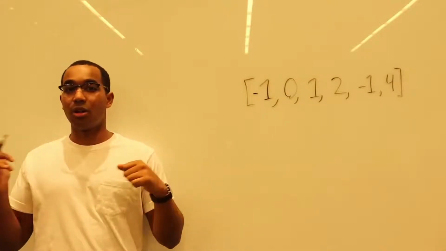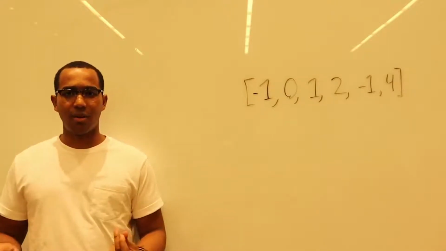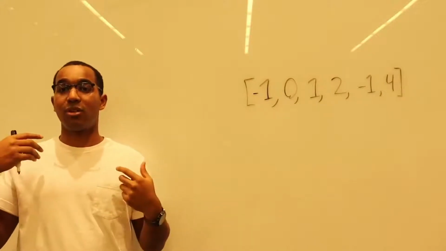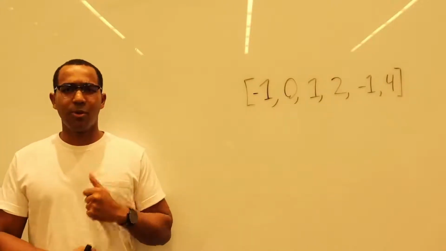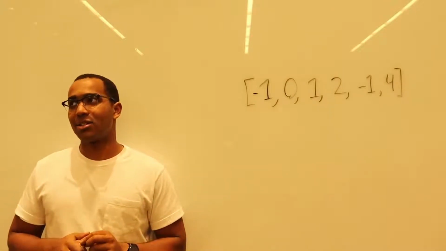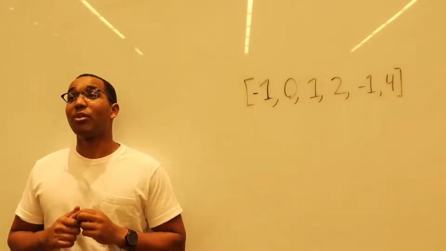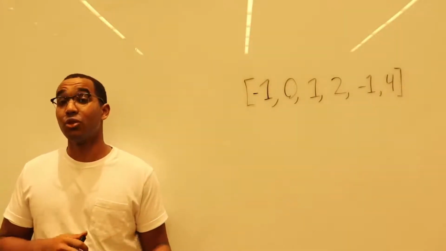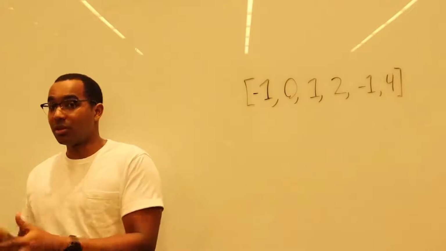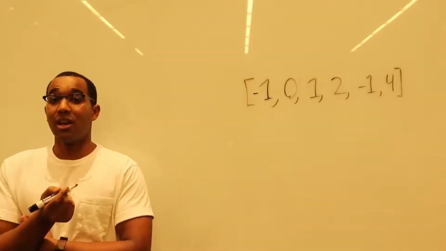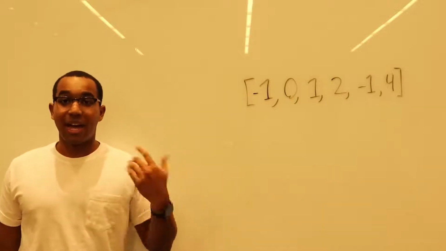If we check all of these pairings to see if they sum to 0, remember we're going for a 2SUM that solves to 0, that's going to be way too much work. Ultimately, what we really care about is whether a previous item that has been seen can bring the sum to 0. And the way that we can often improve the time complexity of recomputations is with a hash table.